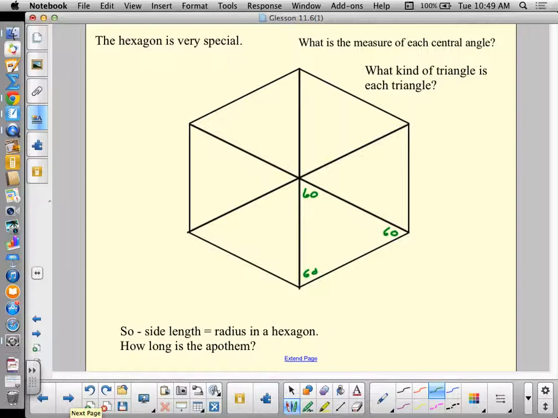So again, with a hexagon, it's just 6 equilateral triangles. So if I know the length of a side, I know the area of this triangle is side squared root 3 over 4. So the area of the hexagon is 6 times side squared root 3 over 4 because there are 6 equilateral triangles.